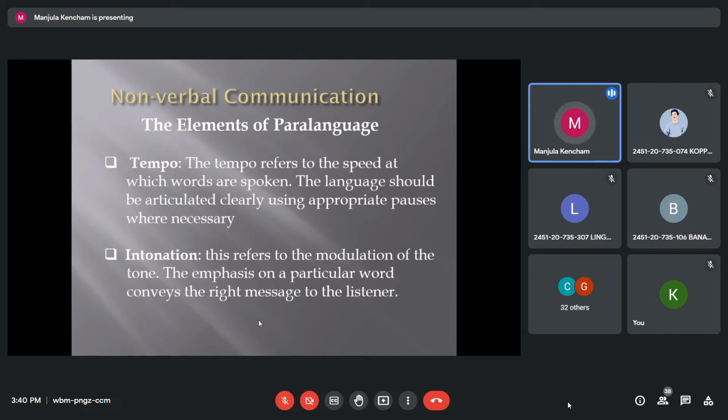So if a speaker speaks in a hasty manner, he is either not interested or he is too anxious and nervous about the presentation. If he speaks at a very slow pace, it doesn't create any attention or interest amongst the audience. So either way, it is not effective.